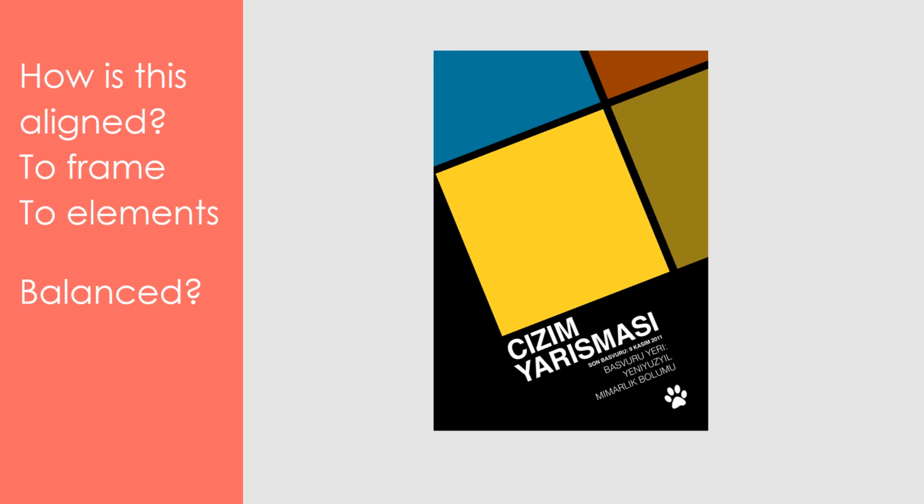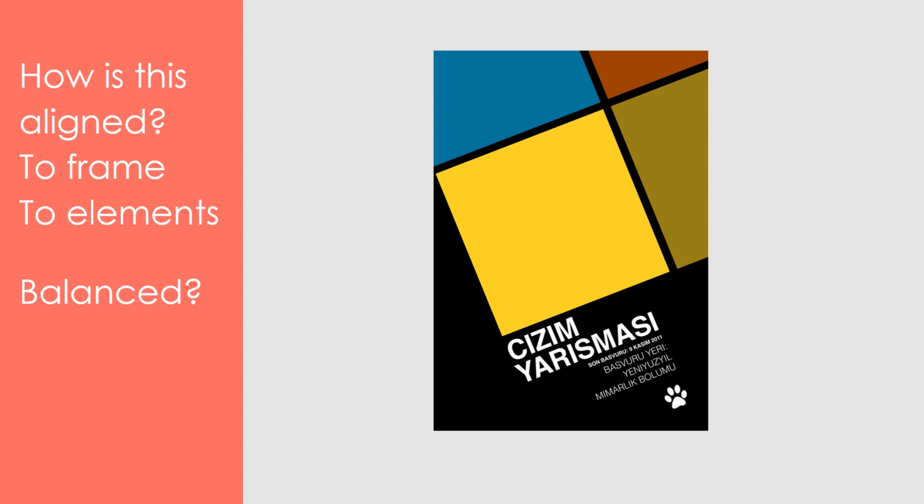So I would say that this is a little off balance, right? There's definitely more visual weight to the top of this poster than the bottom. And the elements are aligned to each other, right? There's those 4 boxes. They are all aligned to each other where their corners are all coming together. It forms a nice negative space of that cross, right? They're all nicely aligned.